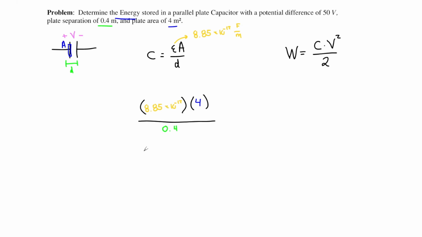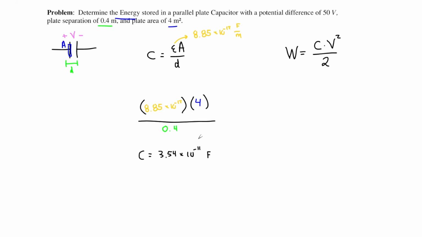Solving for these, we can conclude that our capacitance of the capacitor is equal to 3.54 times 10 to the negative 11th farads.